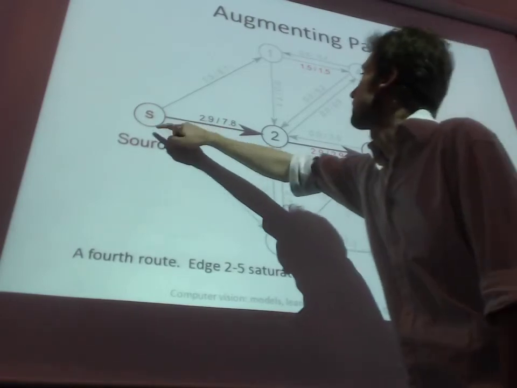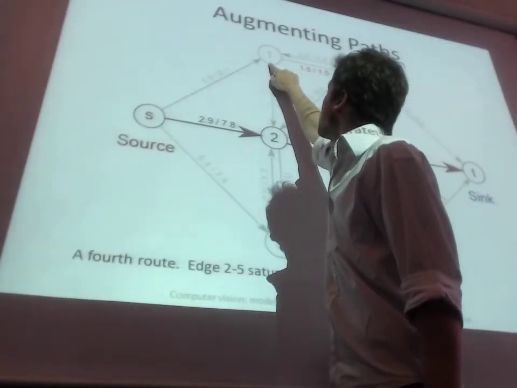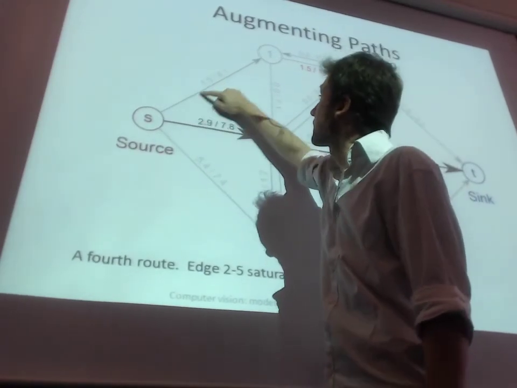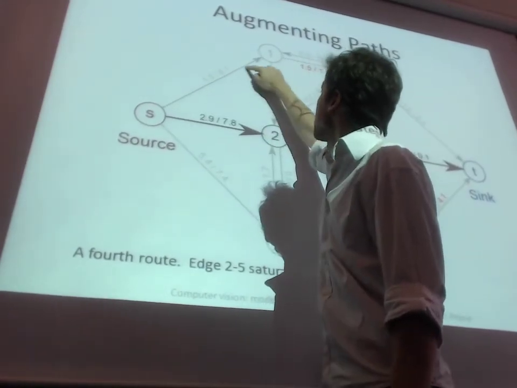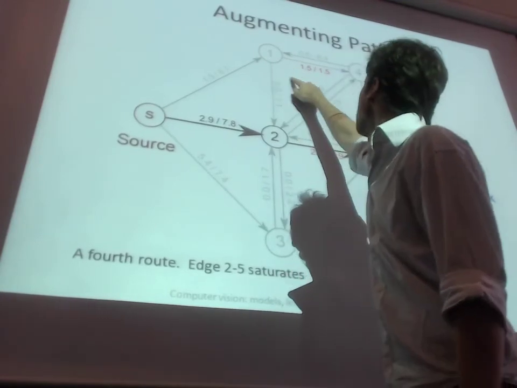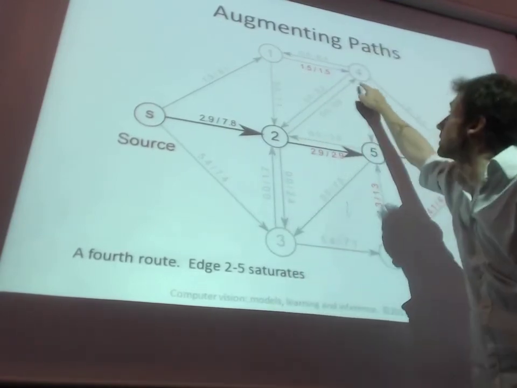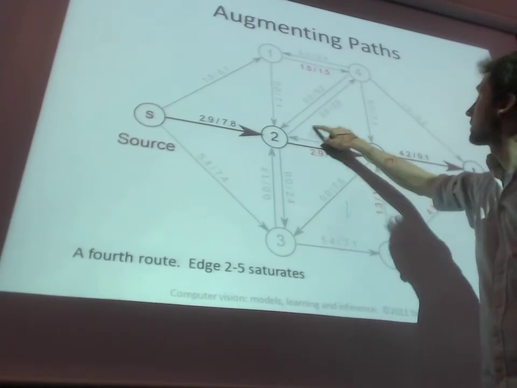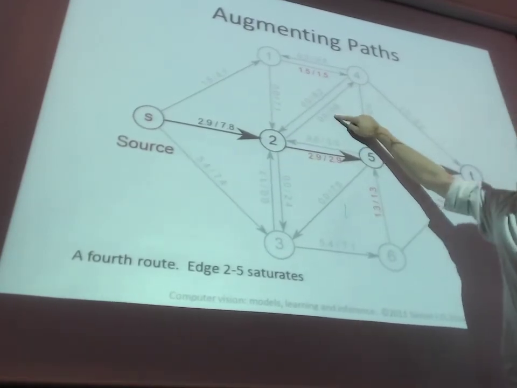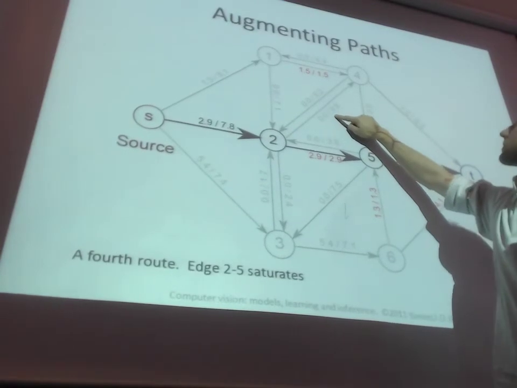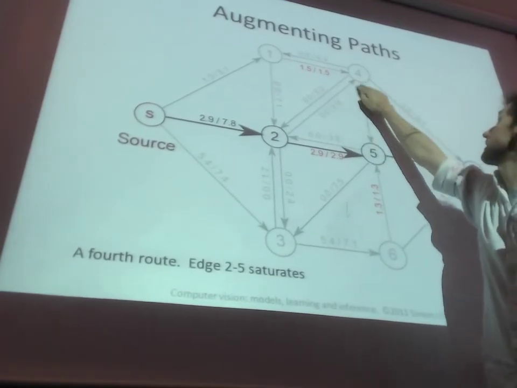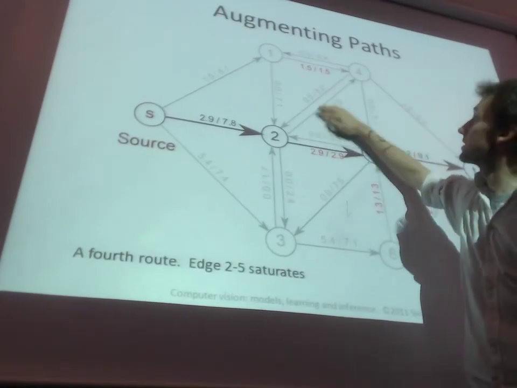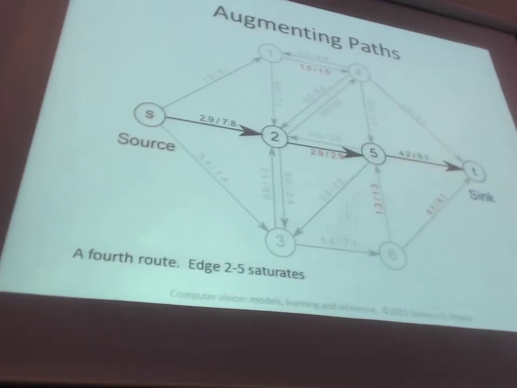If we went from source to 1, what would we have then if we went that path? That's got plenty. You could add at least 5.2. That's 7.1. Oh, sorry. Yeah. You've got 0.9, but we could add 0.9, and thereby saturate this edge. But that's absolutely right.